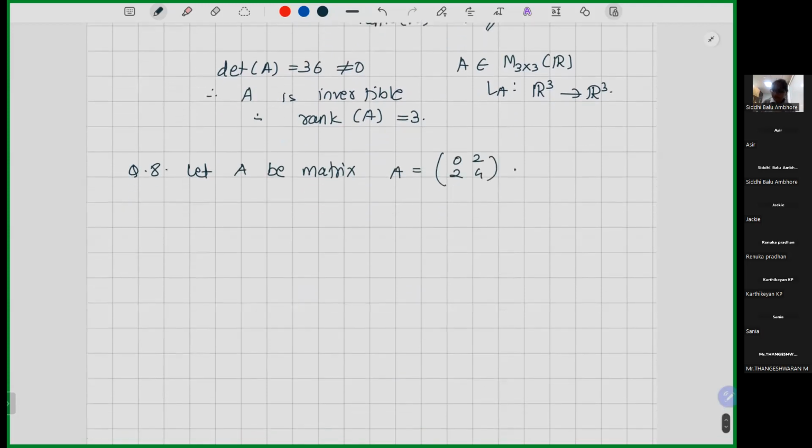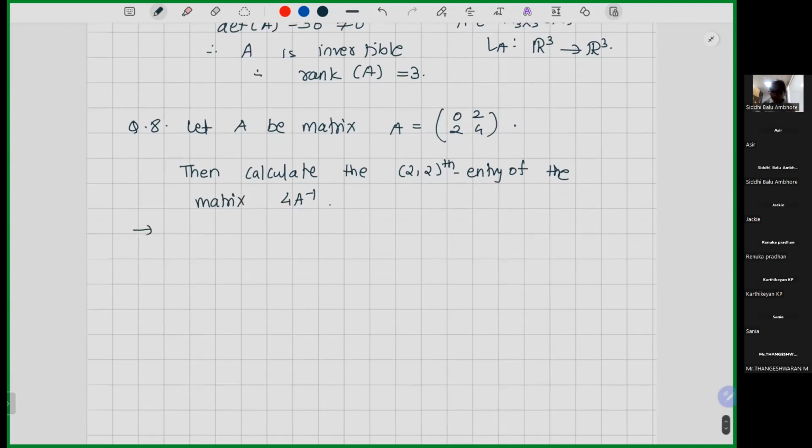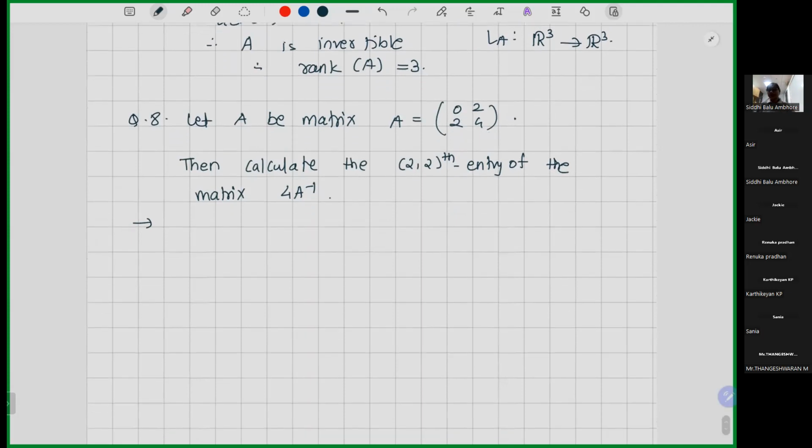Then calculate the two-two entry of the matrix 4A inverse. When they write 4A inverse, they are saying I first calculate A inverse, then multiply it by 4, and whatever entry is the two-two entry, this last entry here, I have to calculate that.